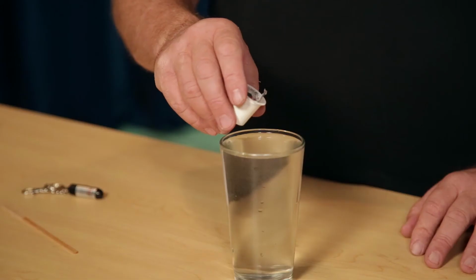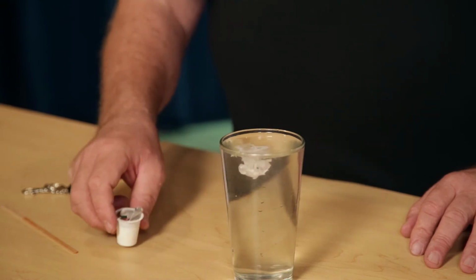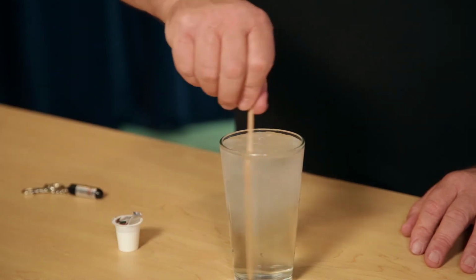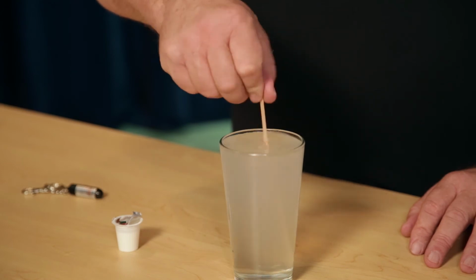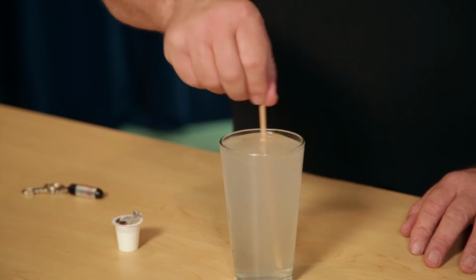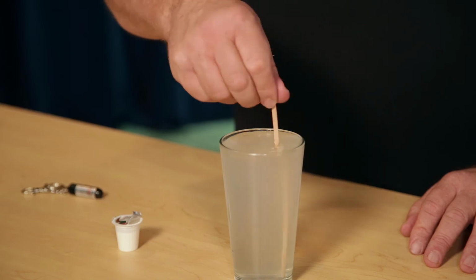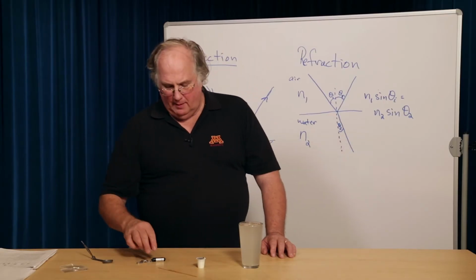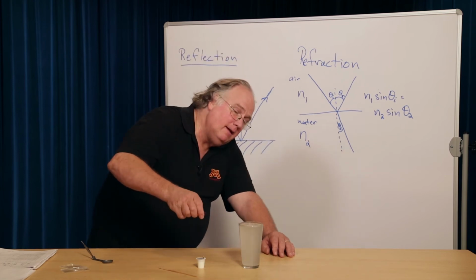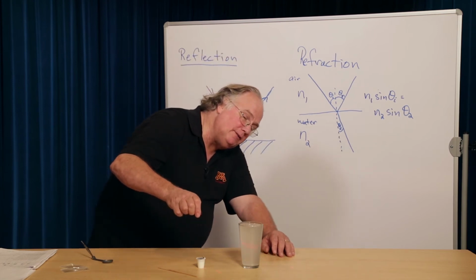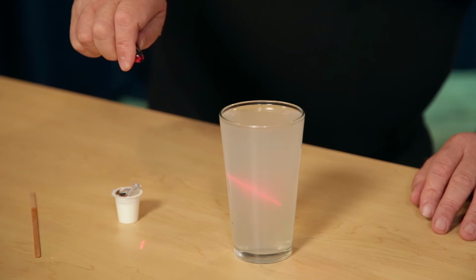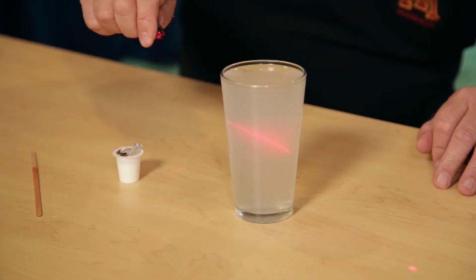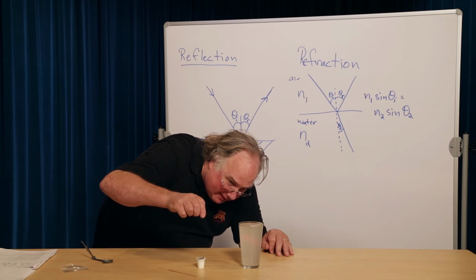We'll get just a few drops. You really don't want to overdo it. You want the water to get a little foggy, but definitely not opaque. Stir it up good. When you get done, if you shoot the laser into it, you should be able to see the beam in the water as it goes through. And I can see it in there.